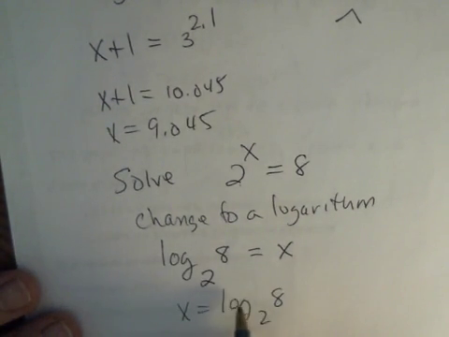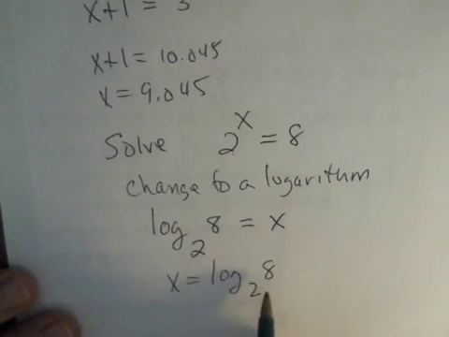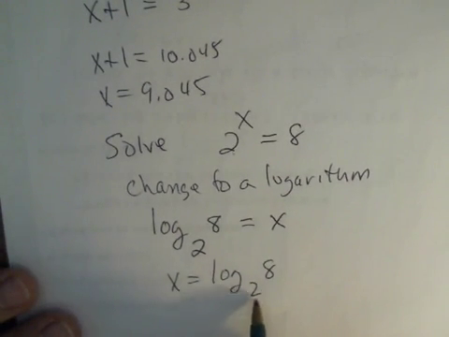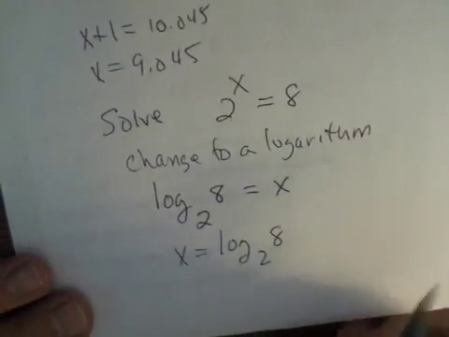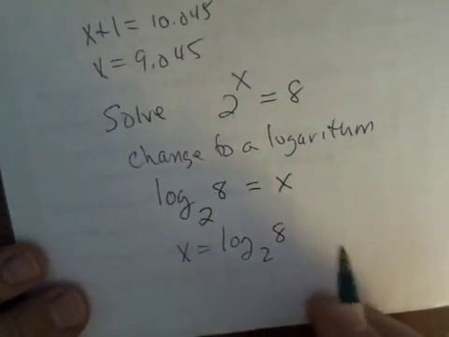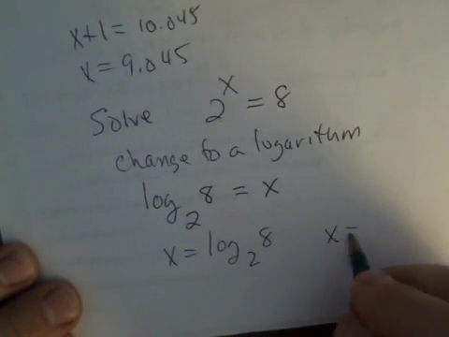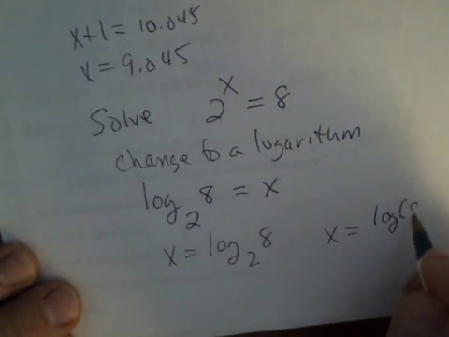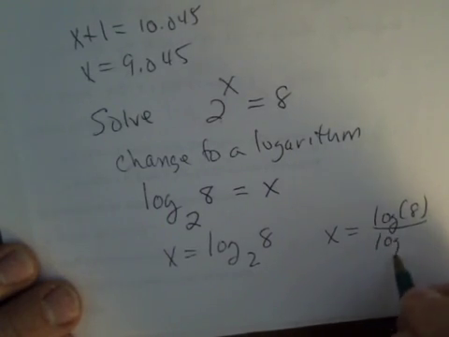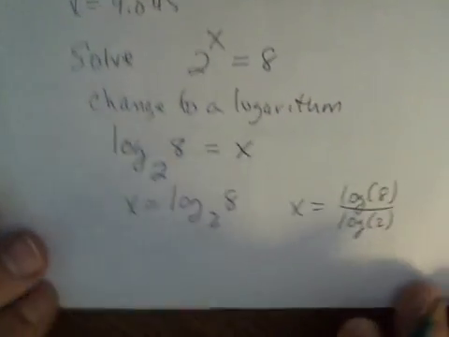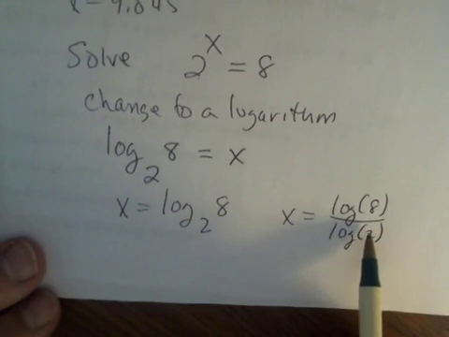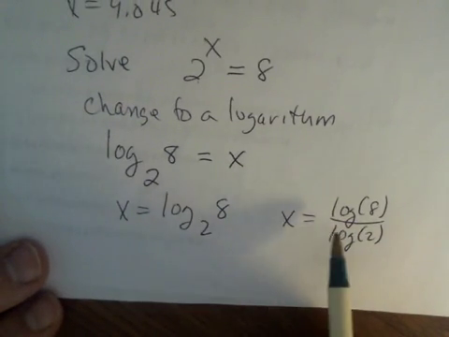Now, you can't put log 8 into your calculator because your calculator is defaulted at base 10. We have to do base 2. So what we do is we do what's called our change of base formula. And we put into our calculator log 8 divided by log 2. That allows us to change our base on our calculator from 10 to 2.